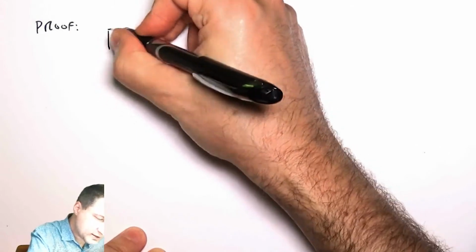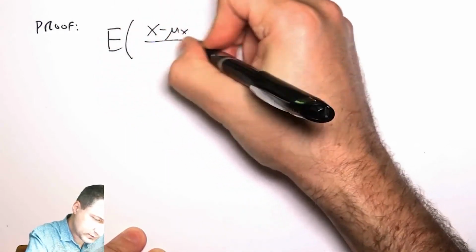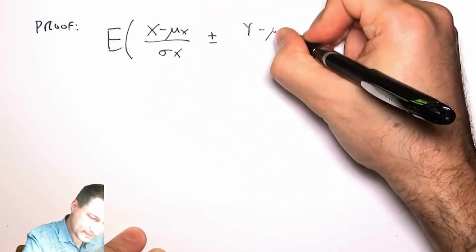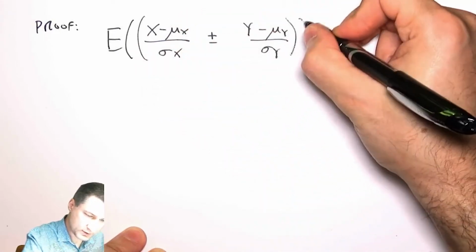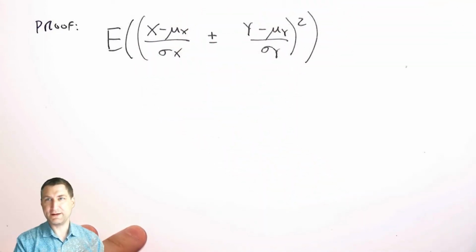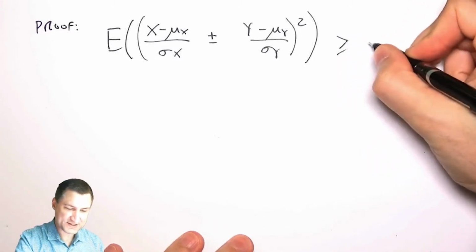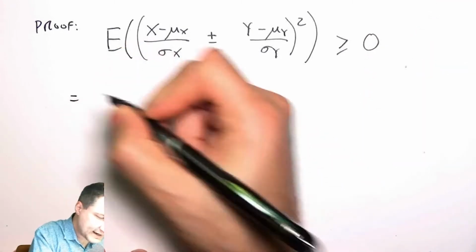So here is an expected value I'm going to compute, and I'm going to have a plus or minus here. So suppose I want to compute this expected value, right? Since I'm computing the expected value of some squared thing, we know that it has to be positive or non-zero, right? So now let me take this apart.